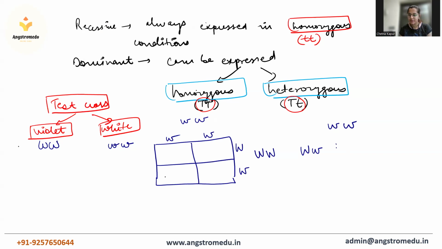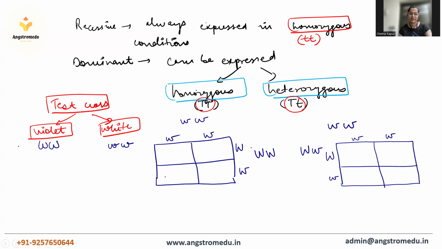Let us draw this as well. The Punnett square that is drawn here is like this: capital W, small w and small w. Let us see what is obtained.